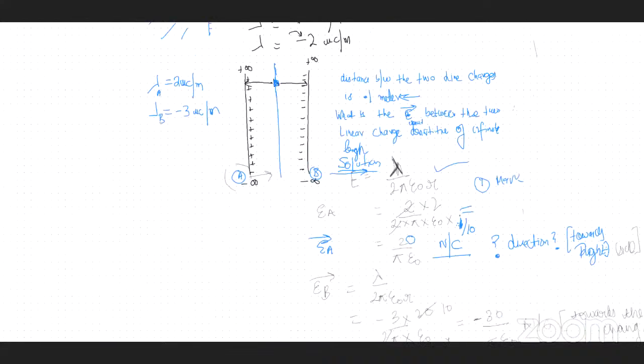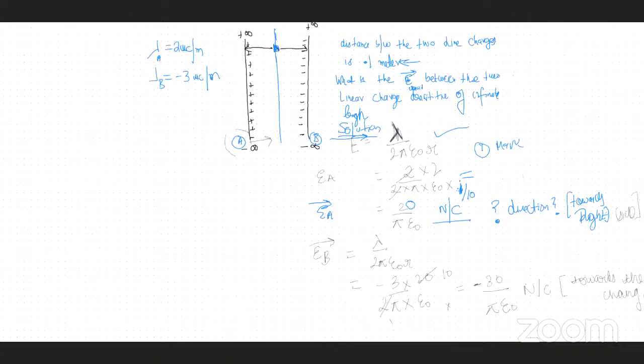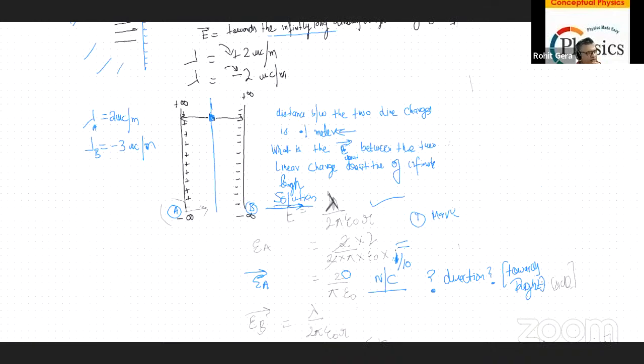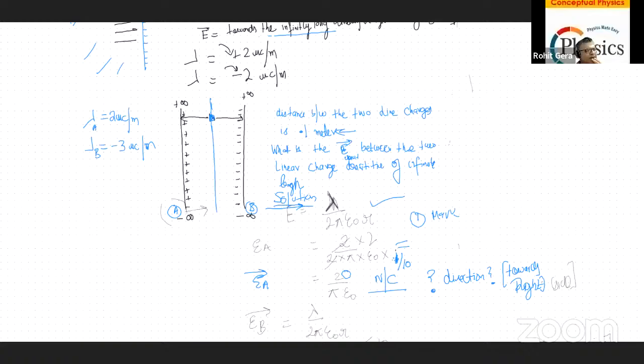Towards right or towards left? You did not say that. Towards the left, towards the line charge. Which line charge? That is towards left. But it's negative. Apply yourself. It's not that hard.